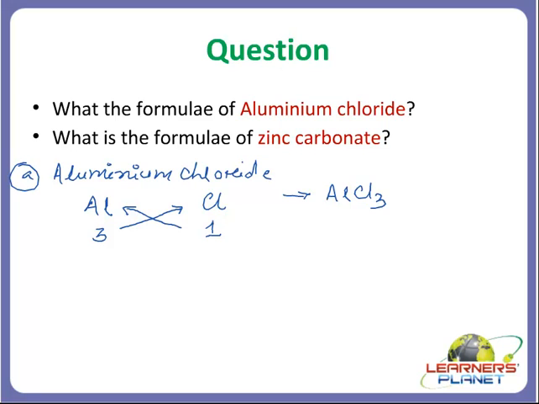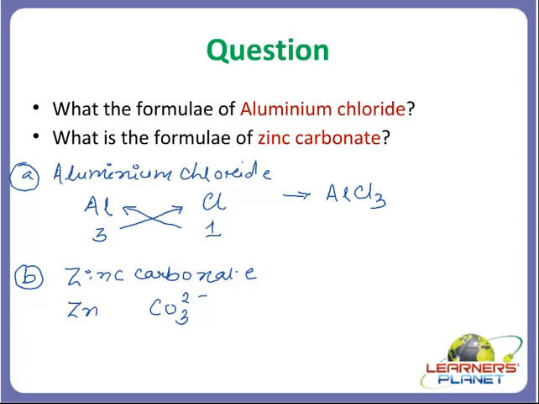Now our next question is, what is the formula of zinc carbonate? So students, what is the symbol for zinc? Zn. Carbonate, what is the symbol for carbonate? The carbonate ion is CO3 2-.